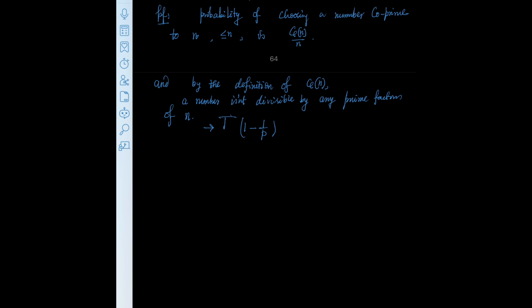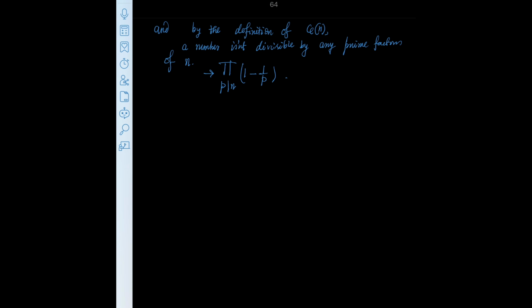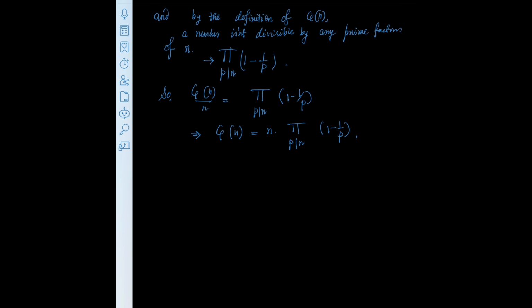But we are looking at all the prime factors of n, so we take the product over p dividing n of 1 minus 1 by p. So phi n by n equals the product over p dividing n of 1 minus 1 by p, and phi n equals n times the product over p dividing n of 1 minus 1 by p. This is something nice.